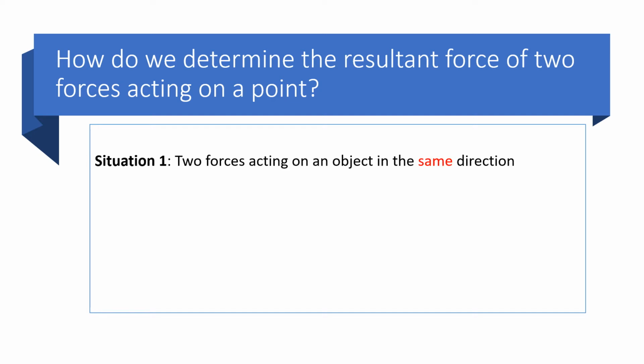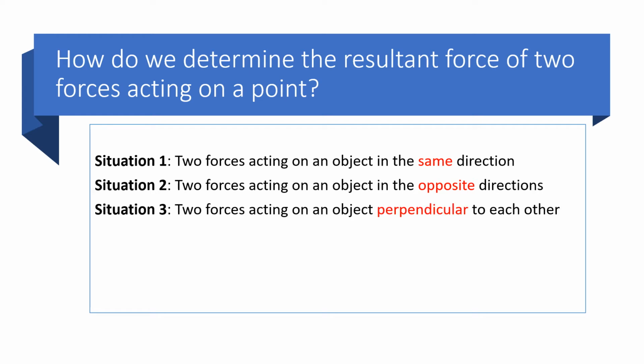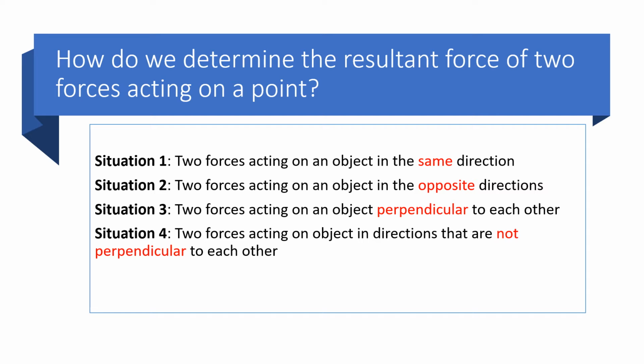The first one is two forces acting on an object in the same direction. The second situation is two forces acting on an object in opposite directions. The third situation is two forces acting on an object perpendicular to each other. And the last situation is two forces acting on an object in directions that are not perpendicular to each other.